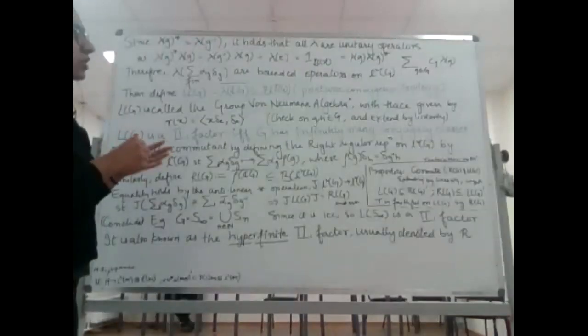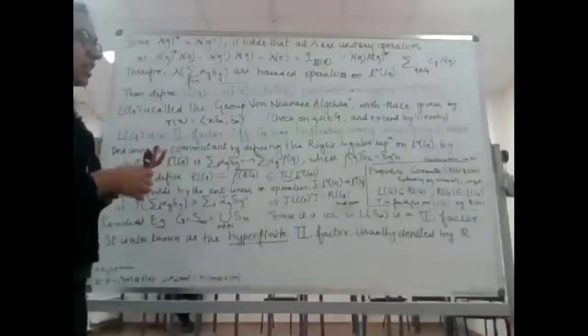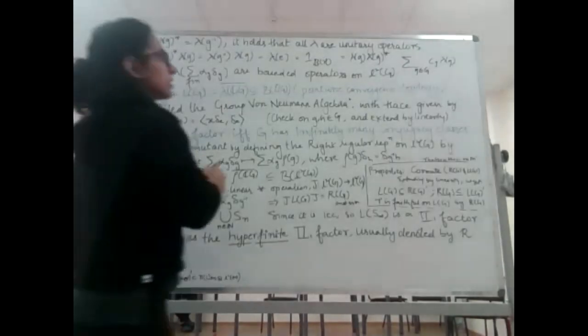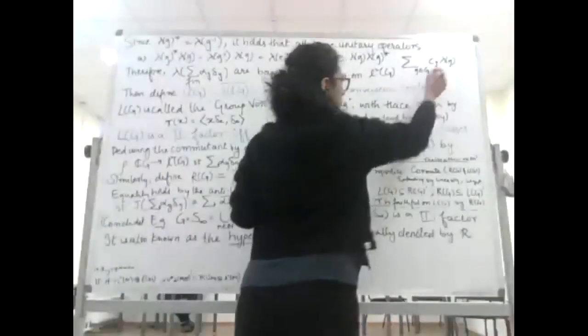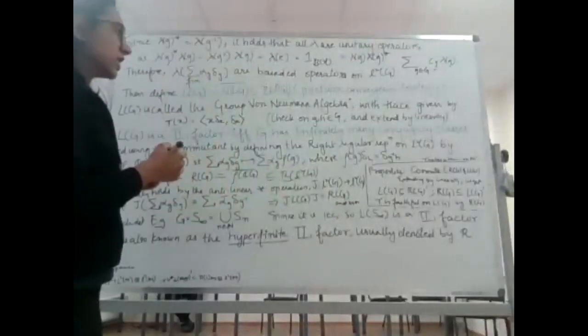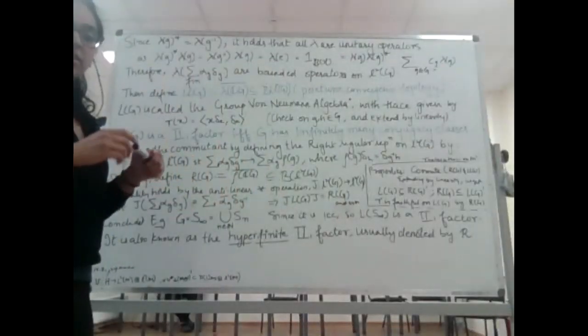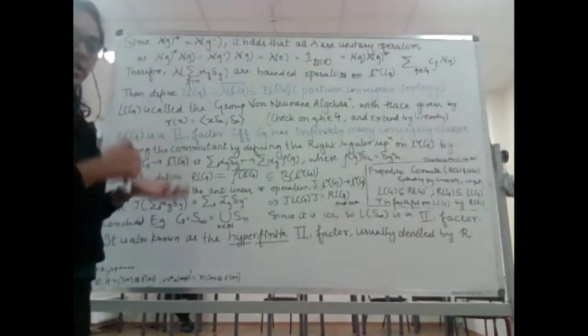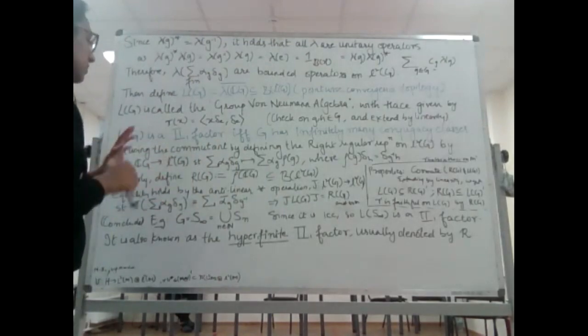But when we have the conjugacy classes as infinite for every element, then this scalar has to be constant, or a scalar multiple of the identity operator, which is exactly the condition for a factor to be a type II-1 factor.